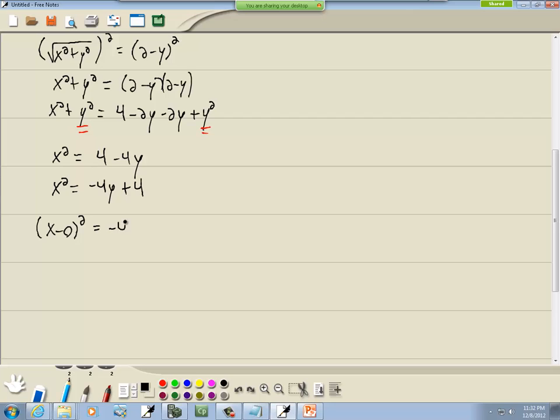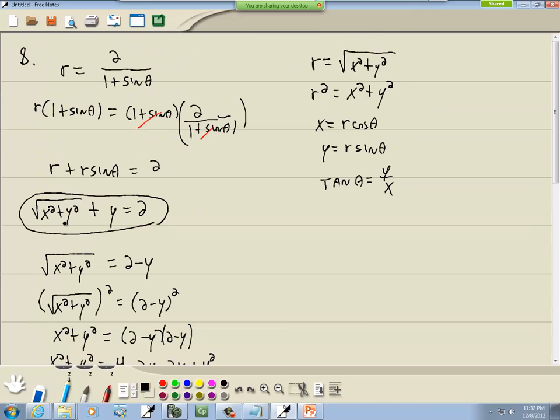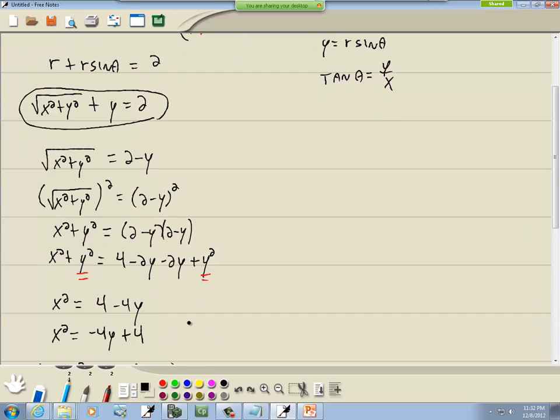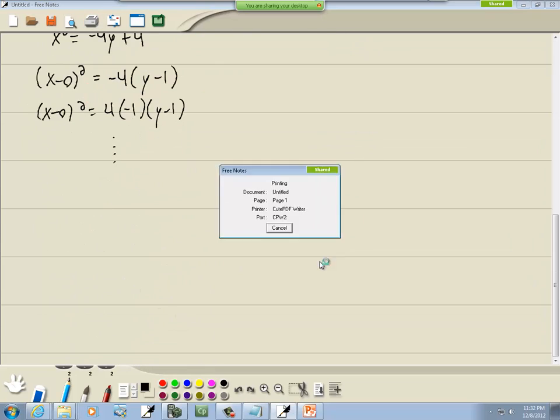I can always factor out the number before the y. Gives me that. And I want to rewrite the number out in front as 4 times something. Well, that'd be negative 1. And then from there, we could identify everything and work the problem down. Again, they don't give any kind of specific instructions. So this actually is good enough. Save that.